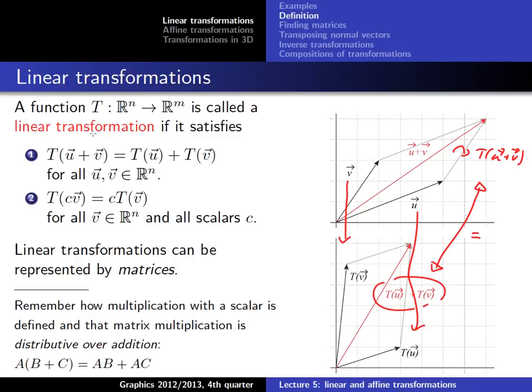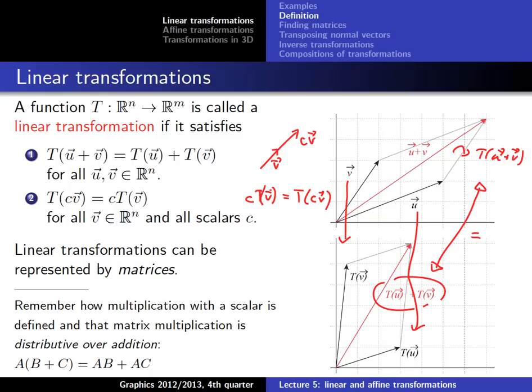And the second condition is, I don't have an image for that, but the second condition is if we have a vector v and a scalar multiple of that vector, then it doesn't matter if we apply the transformation to the vector v and then do the scalar multiplication, or if we apply the transformation to the vector where we already did the scalar multiplication.